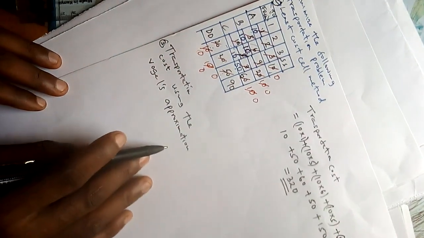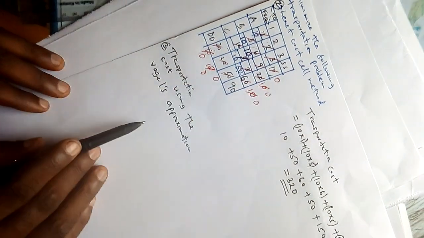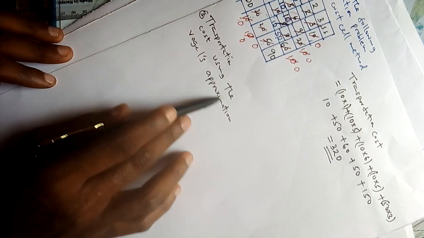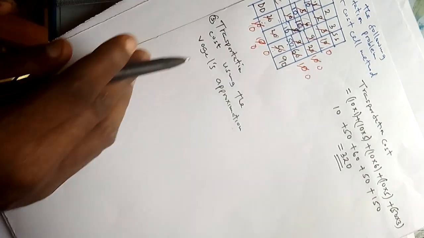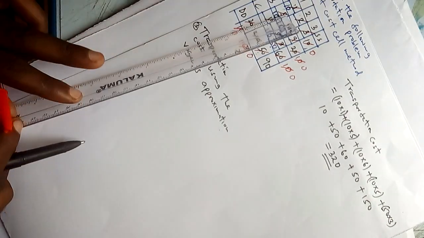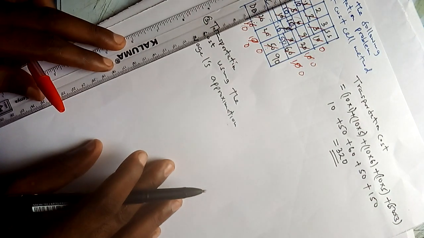So the least cost cell is the second formula, then the third one is the transportation using the Vogel's. So we are going to use this method to minimize the cost. So let's see how the method works.